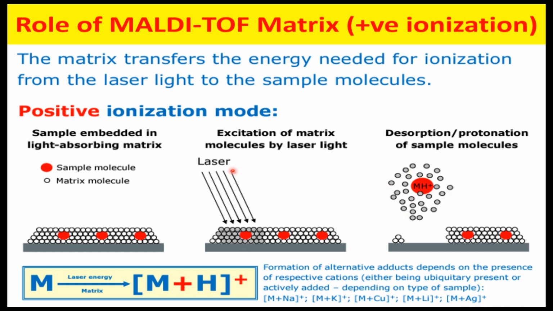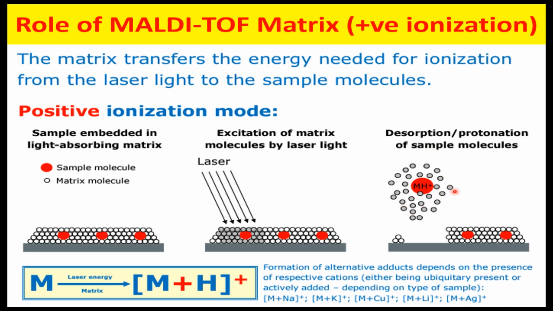Once the laser is incident on the matrix, the sample gets protonated, meaning a neutral H atom loses an electron, giving a proton, H+, which along with M forms MH+. So protonation happens for the sample molecules.